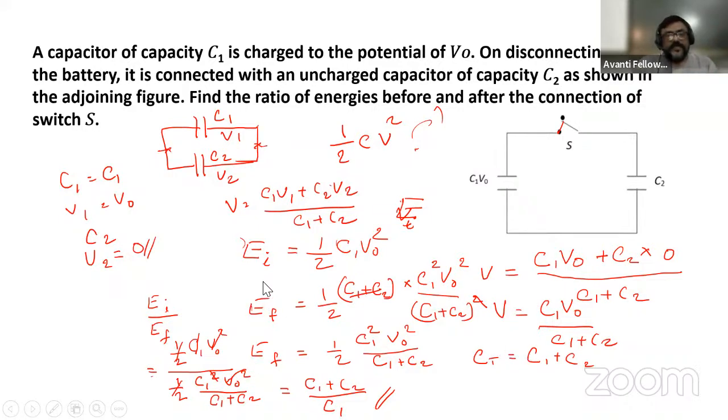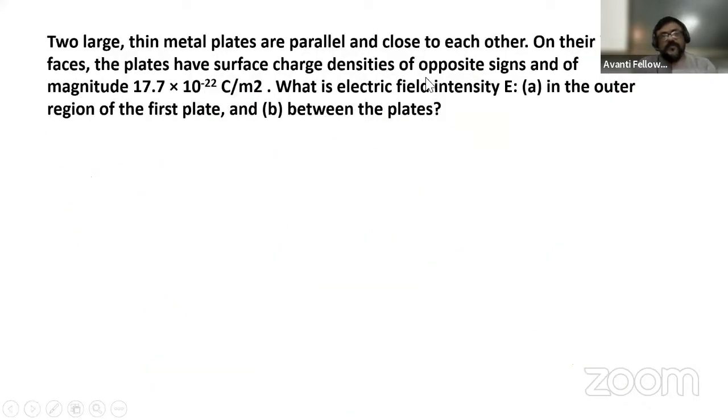That is why the initial energy will always be greater than the final energy, or the final energy will always be less than the initial energy. Okay, this question can be asked in that way. Definitely, almost every year you can expect such a question. Every year we are seeing it in the question paper. So connecting capacitors together. Okay, now we will move to the next question.